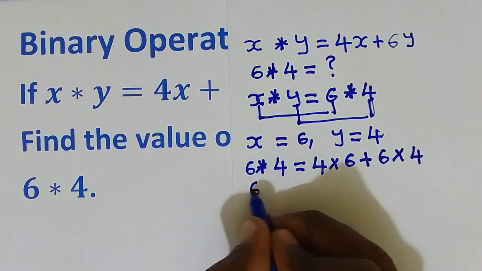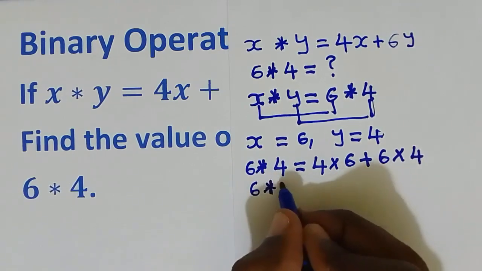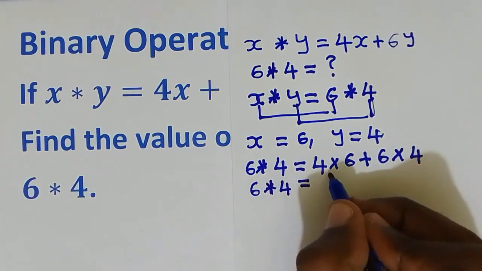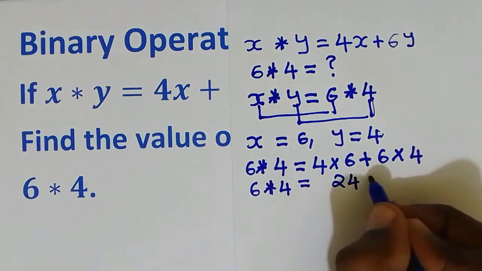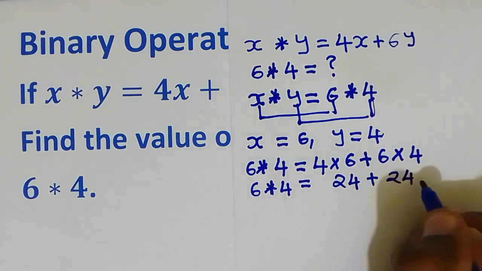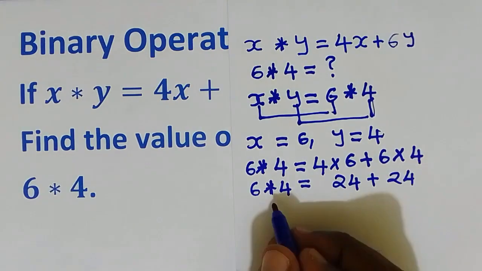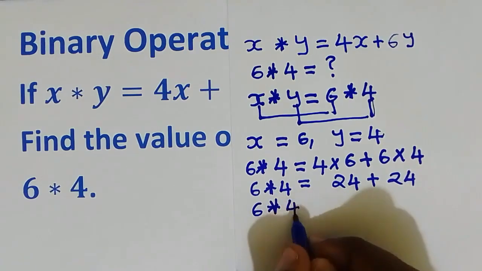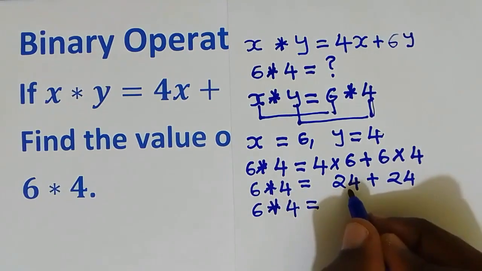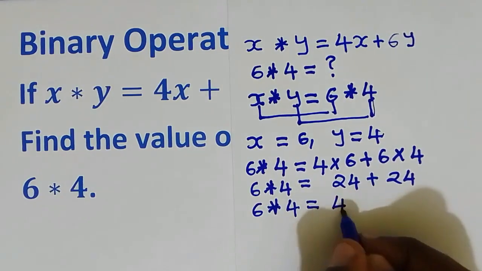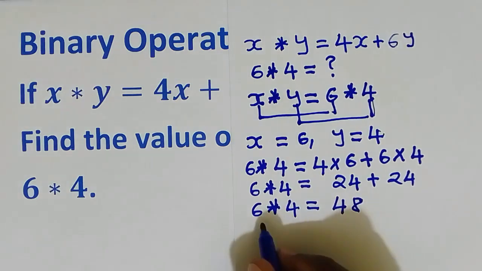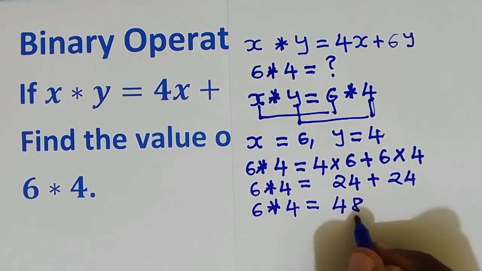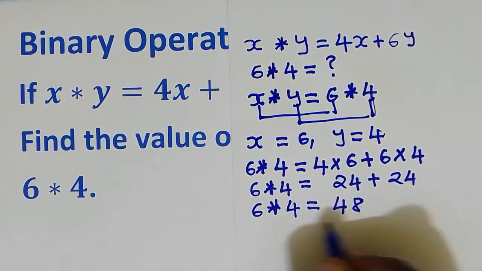So 6 star 4 is equal to 24 plus 24, and we get 48. So for the input of 6 and 4, our system is going to give us the answer of 48.